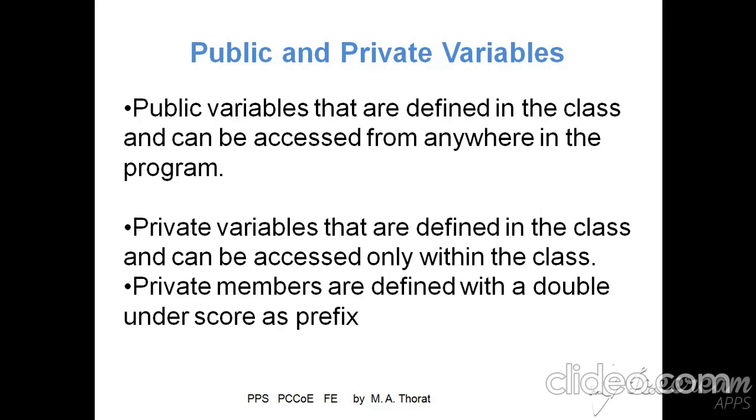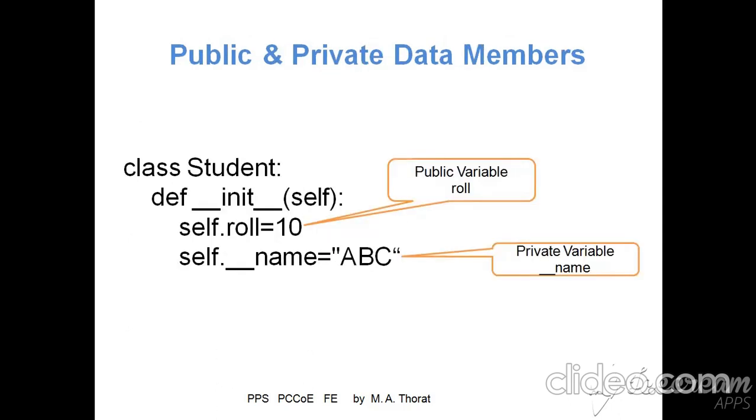Public and private members provide data security to the attributes of a class. That is the main aspect of object oriented programming that can be achieved through this accessibility type. So the accessibility types are public and private variables. So how to use it?